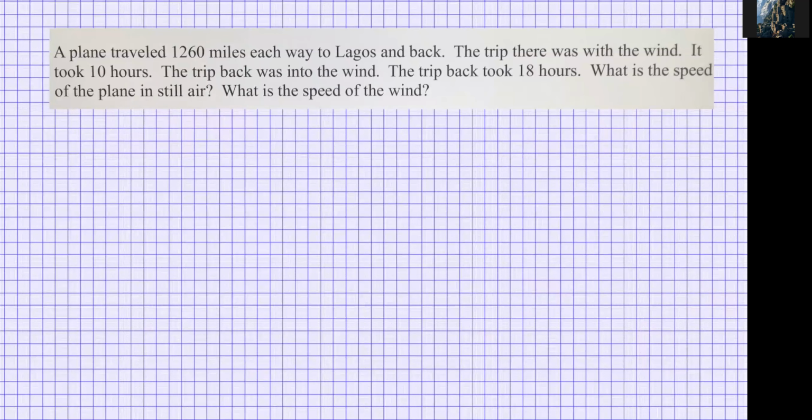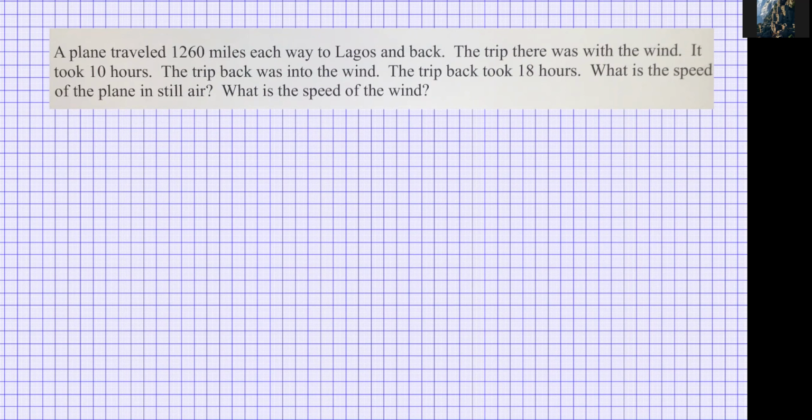The trip there was with the wind. It took 10 hours. The trip back was into the wind, so the plane had to fly against the wind. Obviously, the trip back took 18 hours. So if you see, it took more time. What is the speed of the plane in still air, and what is the speed of the wind?